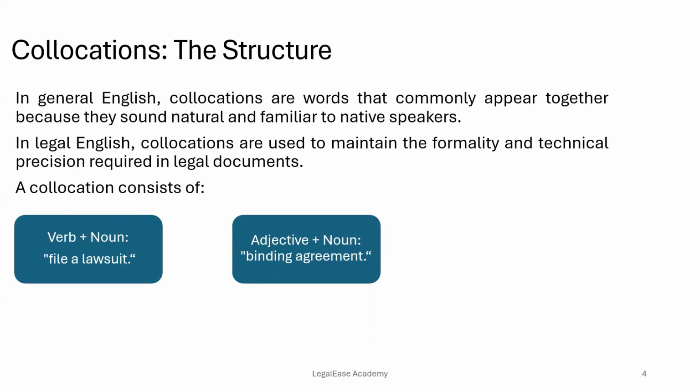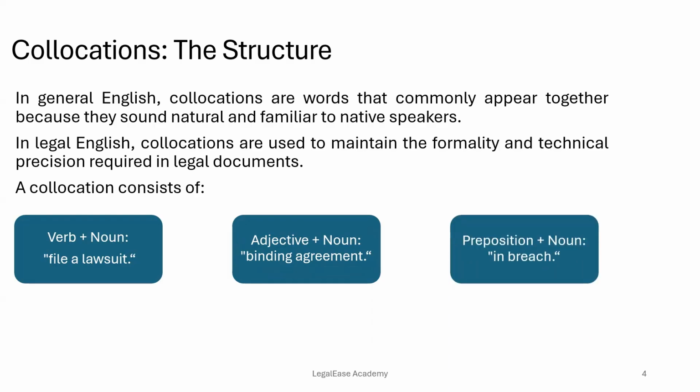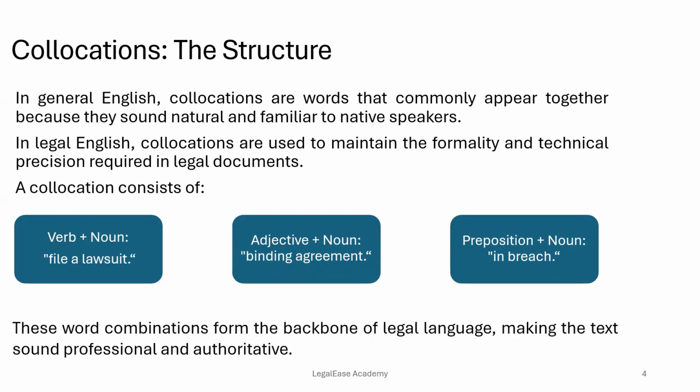Binding is the adjective and agreement is the noun. And finally, you can have a preposition and a noun. So, for example, in breach. These word combinations form the backbone of legal language, making the text sound professional and authoritative.